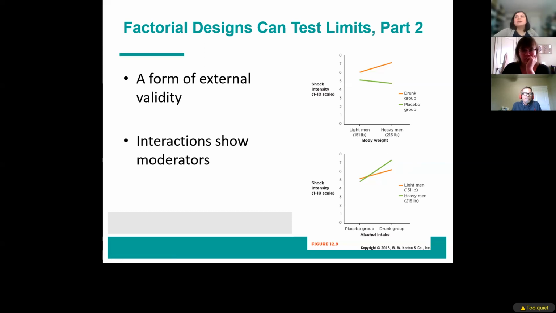So let's see. This is the shock intensity scale dependent variable. And this is the same graph, but just with the independent variables and the lines switched up. So let's just focus on this one. Does there look like there's an interaction? Yes. Okay, so can anyone tell me what the interaction looks like? Or just generally, there's an interaction between what and what?